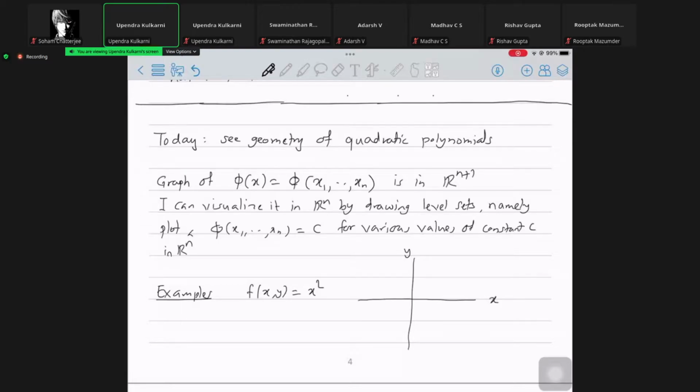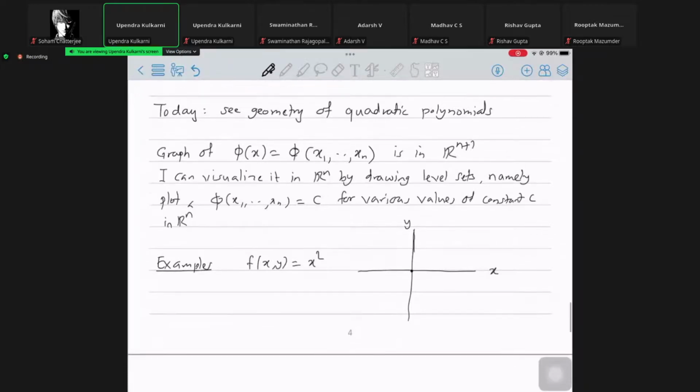So no matter what the value of y is, for any fixed value of x, the function is going to be constant. So let's plug in x equal to 0. That means on the y-axis, what will be the value of the function? Here the function is going to be 0.